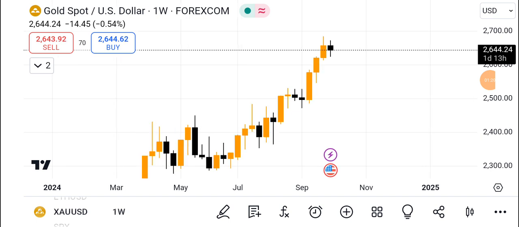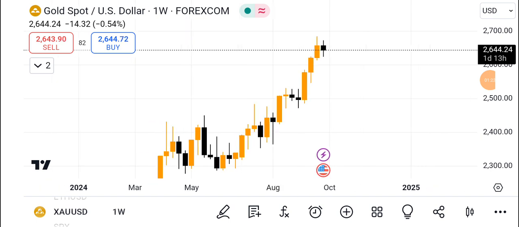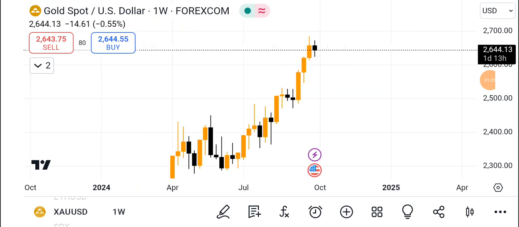So this is what we are going to do on the chart, because if you look at it well, gold is still high, like up, and you see that black candle there, that's a bearish candle. Since it's moving upward, what are we going to look at? If this gold should fall, where will it get to?